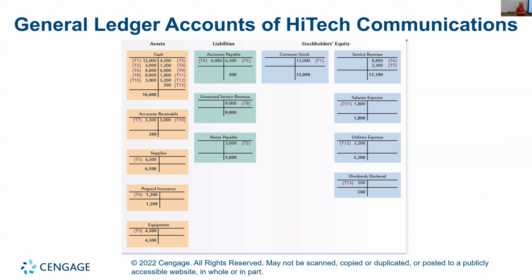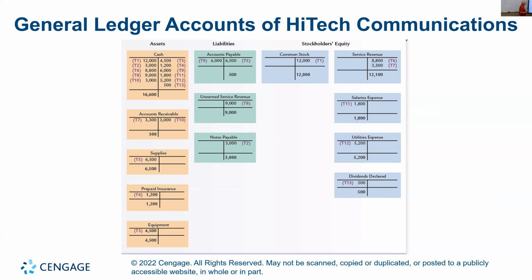Anytime that we made a debit entry, we would put it on the left side of that T. So in transaction 1, our cash was debited by 12,000, so it goes on top of that. In transaction 2, you can see our cash was also debited, so it goes on the left side. In transaction 3, we paid out some cash. We made a credit entry to our cash account, so we put it on the right side there of the T account.